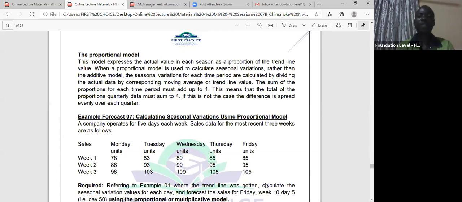The difference between additive model and multiplicative model is the method. One of them you have to add. You have to add your seasonal variations to your trend to get your forecast. But in multiplicative or proportional, you multiply your seasonal variation with your trend to get your forecast.